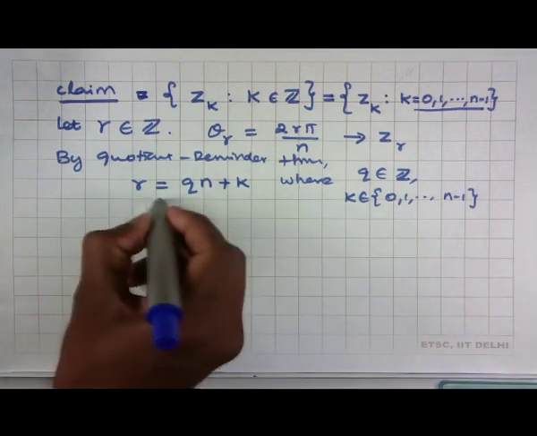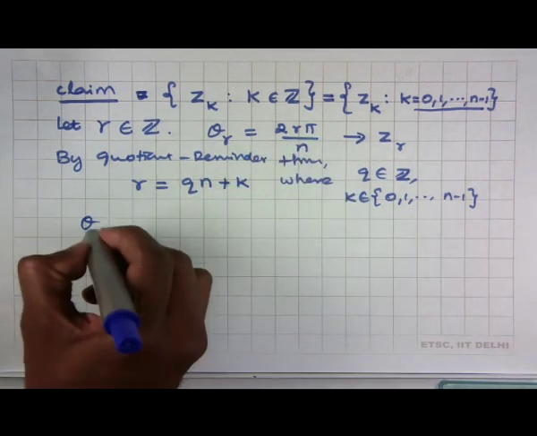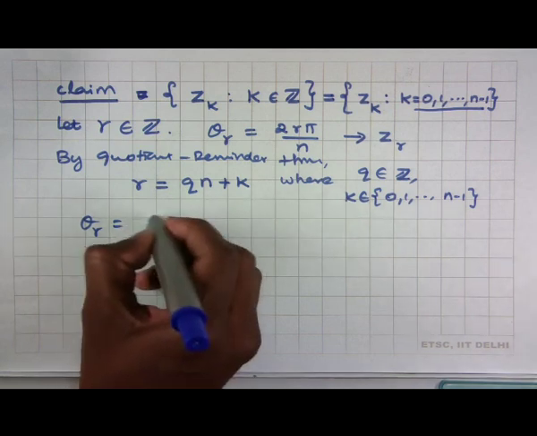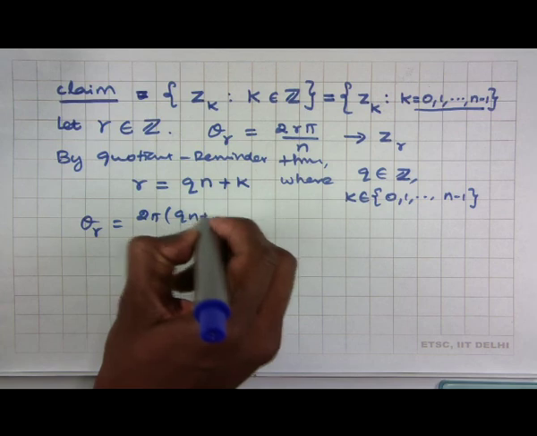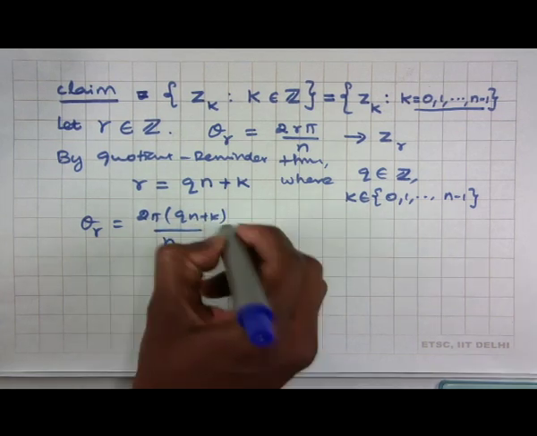Now just apply this: theta r is 2 pi q n plus k by n.